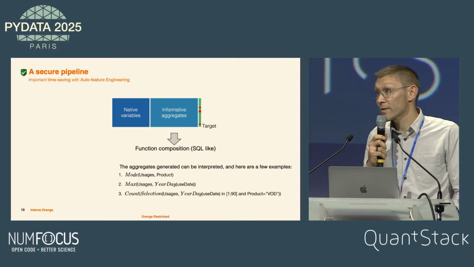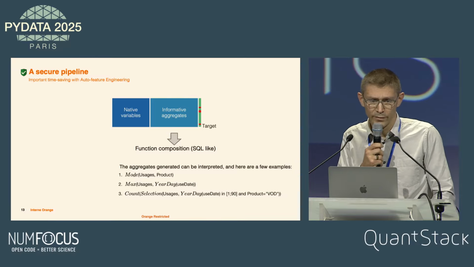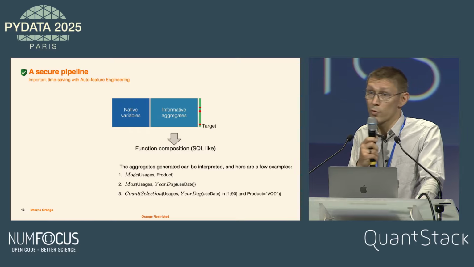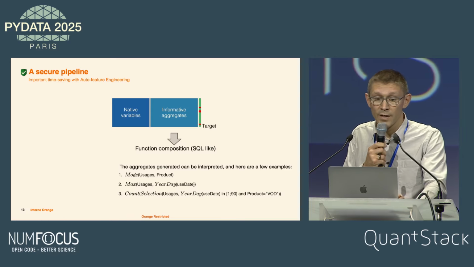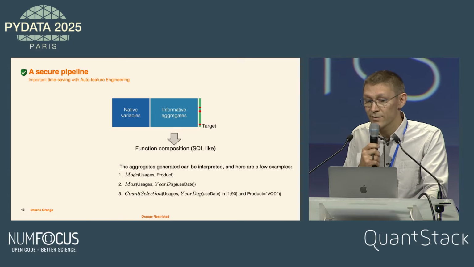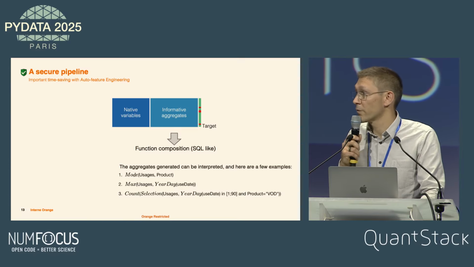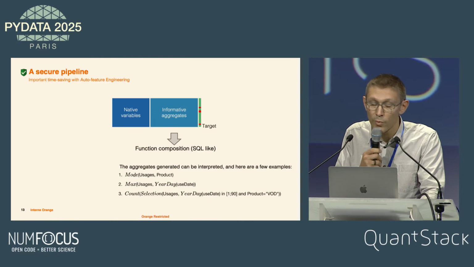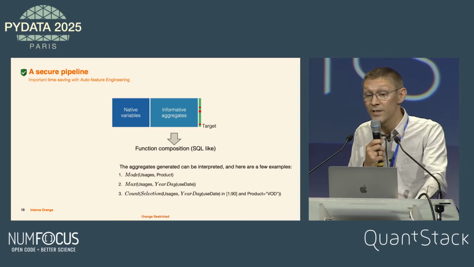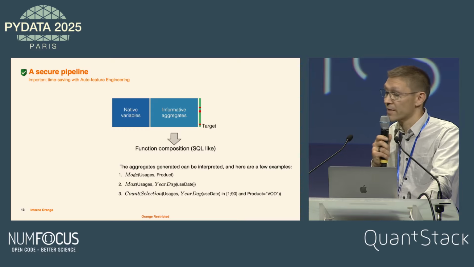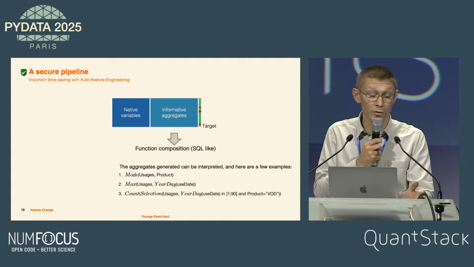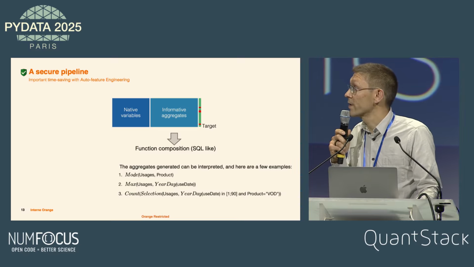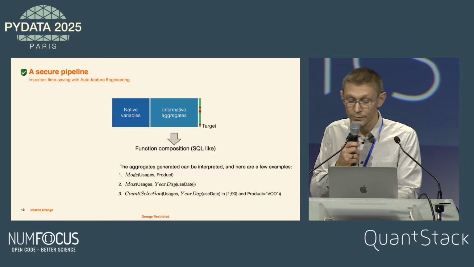So here there are 3 examples. The first one is very simple, and it corresponds to the most frequently used product by our customer. The second one corresponds to the last date of a use of our services by customers. And the last one composes 3 functions, and it corresponds to the number of times that each client of Orange use the VOD service during the first quarter of the year.